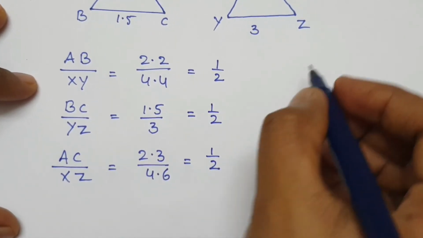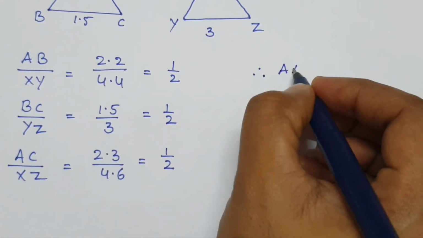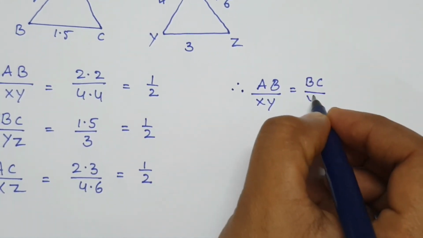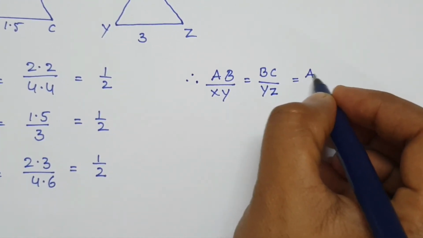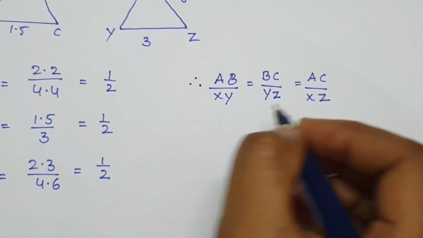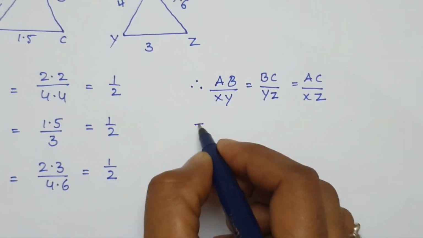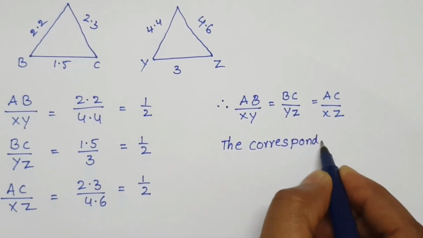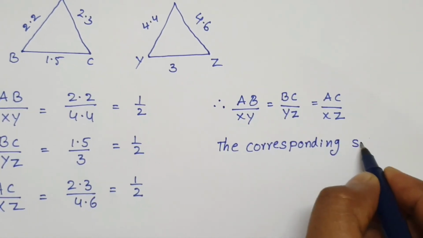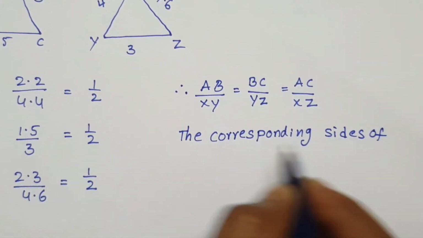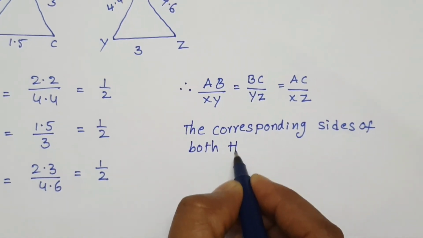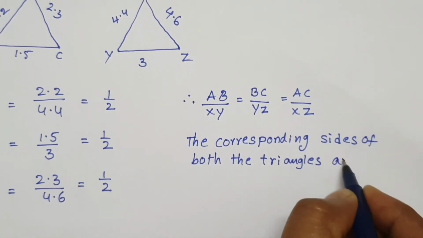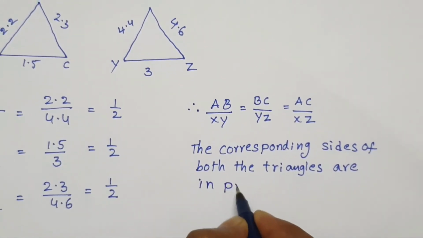Here all are equal, therefore AB by XY equal to BC by YZ equal to AC by XZ. Means all sides are equal. Means the corresponding sides of both the triangles are in proportion.